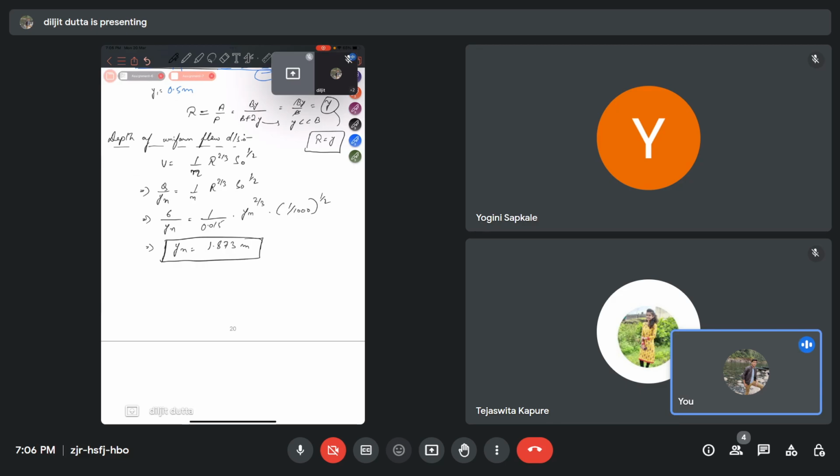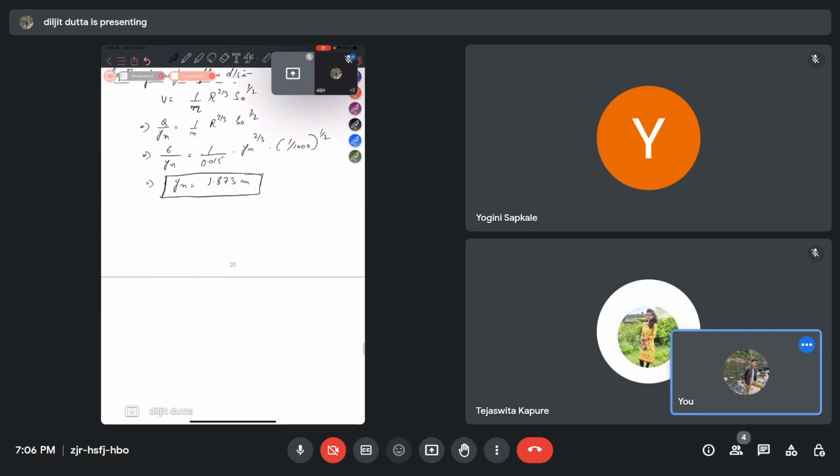Now let us see the critical depth. The critical depth is given as q square by g to the power of 1 by 3. So q is 6, q square will be 36, g is 9.81, to the power of 1 by 3, and this will come around 1.54 meter.